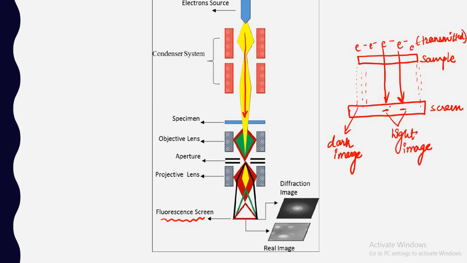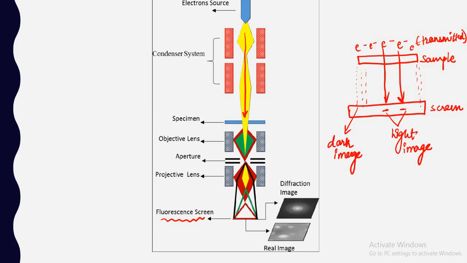That is basically how you can observe the image formation. Remember, transmitted electrons scatter in two ways, inelastically and elastically. The ones which have scattered more will form a dark spot, and the ones which have scattered less will hit the screen and the image will get formed. And this is the reason why black and white image formation takes place in electron microscopes. So I hope you are clear with the image formation in the transmission electron microscope.